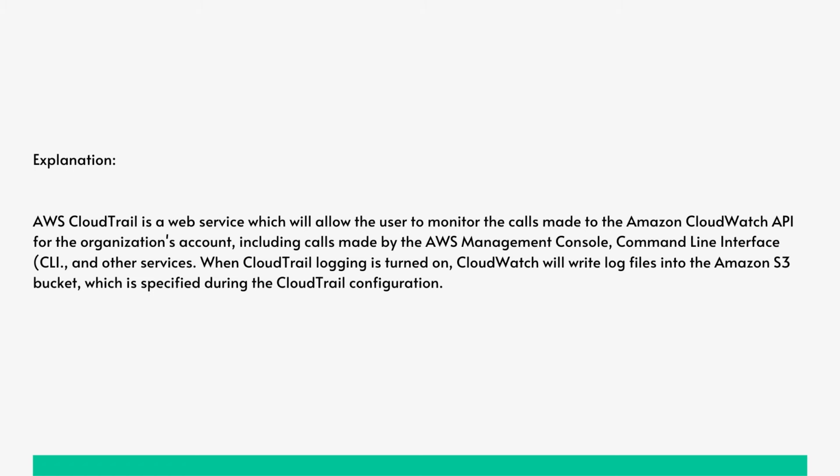When CloudTrail logging is turned on, CloudWatch will write log files into the Amazon S3 bucket, which is specified during the CloudTrail configuration.